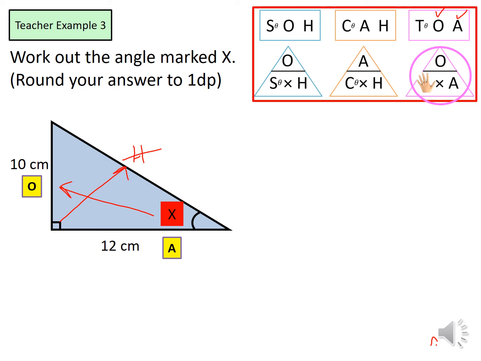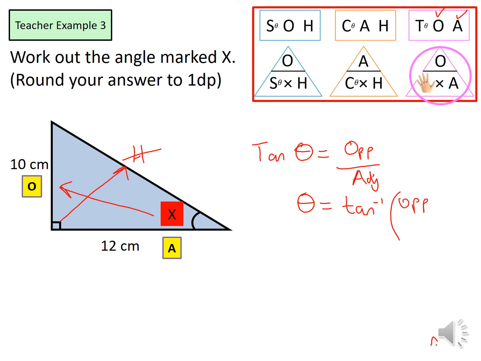So what you're going to write down now is tan of the angle equals opposite over adjacent. We want to get the angle on its own, so we need to do the inverse of tan, which is tan to the minus 1, and keep the opposite over adjacent the same.